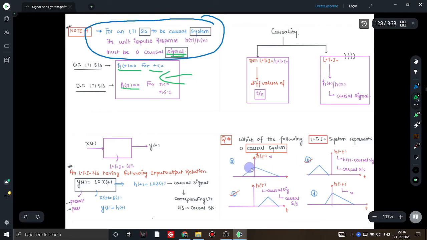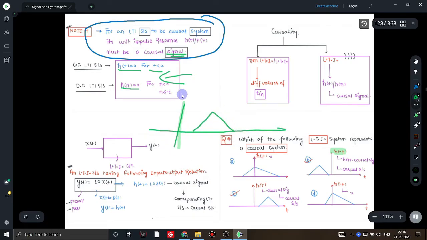So A is not a causal system because h(t) is not a causal signal. This is also not. No, this one is causal. Why? Because if you see this, it is h minus t, so h(t) will look like this.